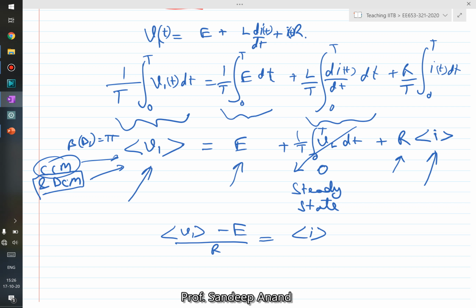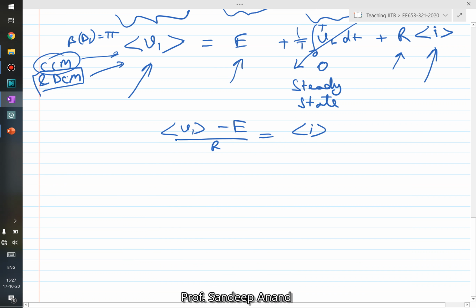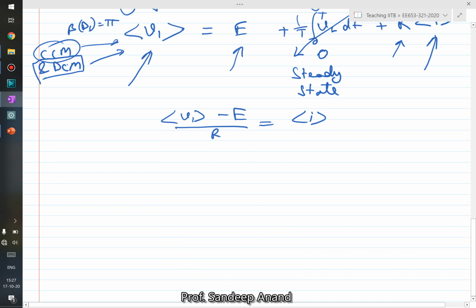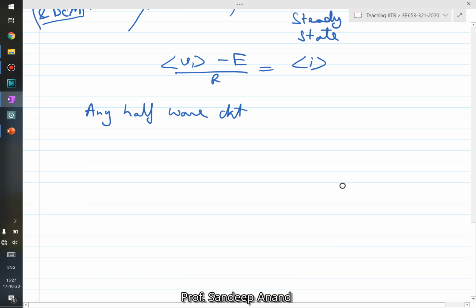I think we have talked about these half-wave freewheeling circuits. Now, you can also do one more thing. Let's say any half-wave circuit. You can take the one with freewheeling diode, but you can have a look at other circuits also. If you see the one with freewheeling diode, as we have seen, how would the input current look like?